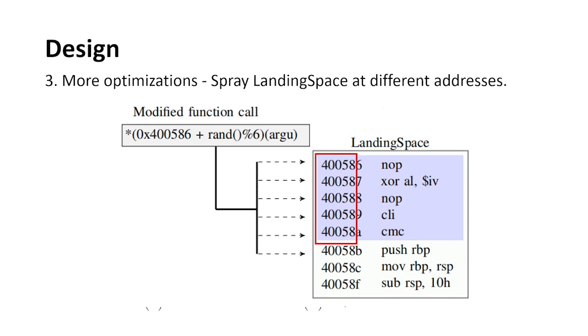Another problem is that we find the high addresses of landing spaces are close to each other, because many fuzzers use exclusive OR to update the coverage bitmap. So it is likely to cause hash collisions, which can also reduce the number of fake blocks generated by the landing space.